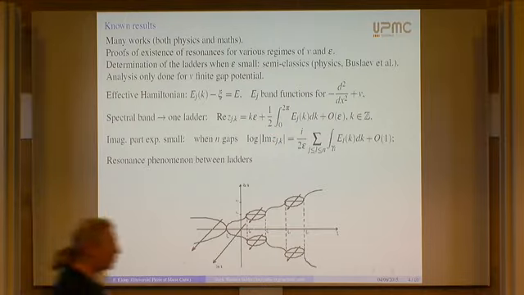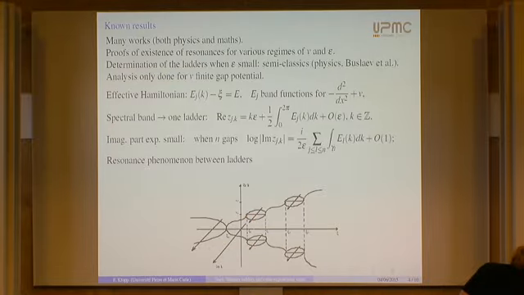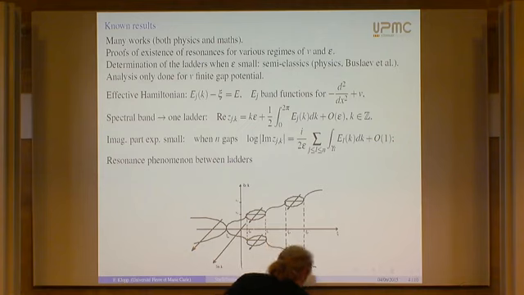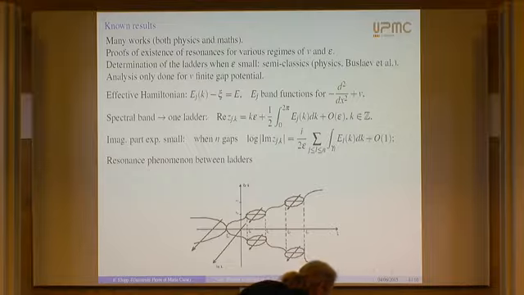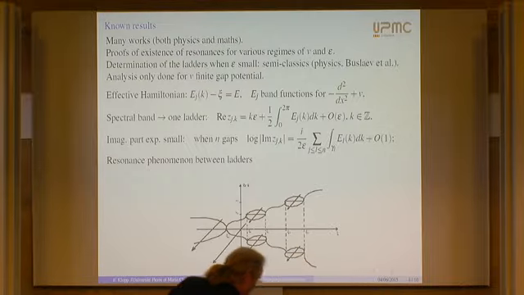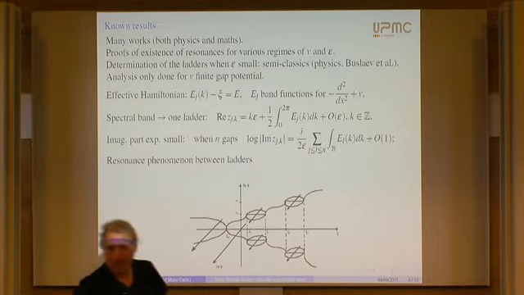So if you think of the ladders, drawing exponentially small things on the board is always difficult. So here you have your lattice, right?